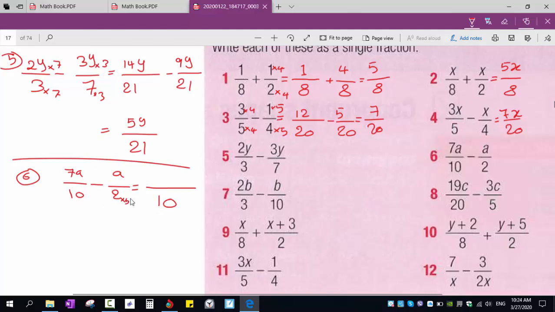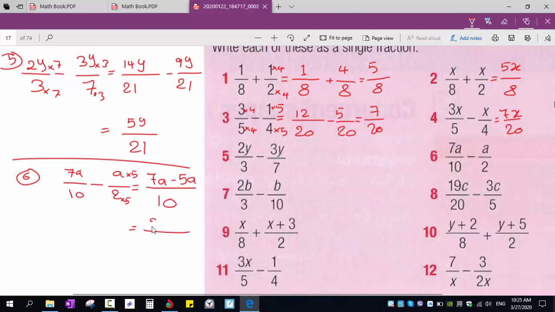Times 5. And whenever you multiply the denominator by a number, you must multiply the numerator by the same number as well. Then it's already 10, it means the 7a will not change, minus 5 times a is 5a. This is another way of writing, and it's fine. We just write one denominator. Mathematically, it's fine.